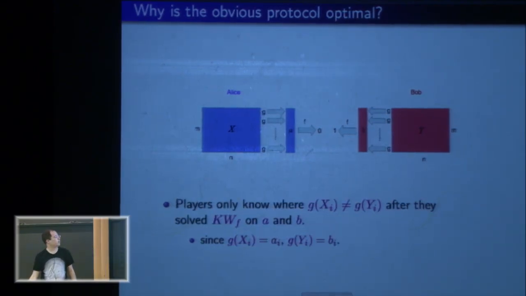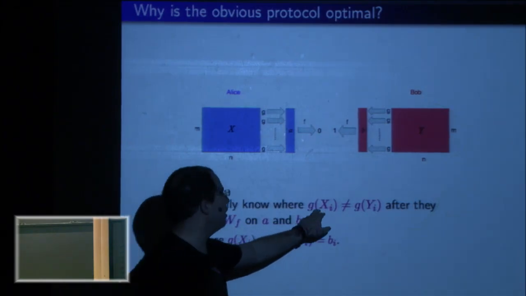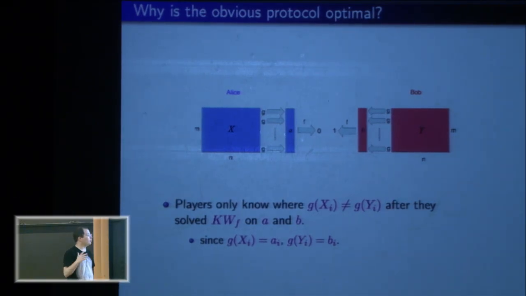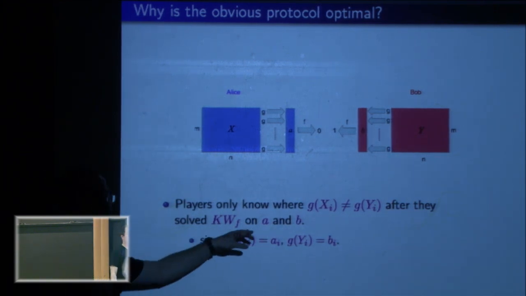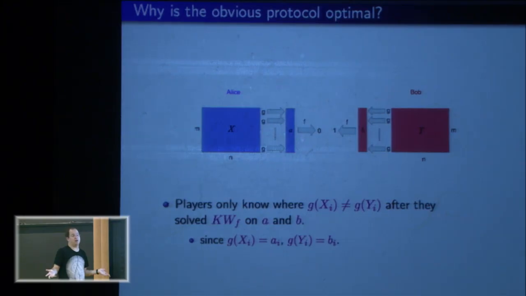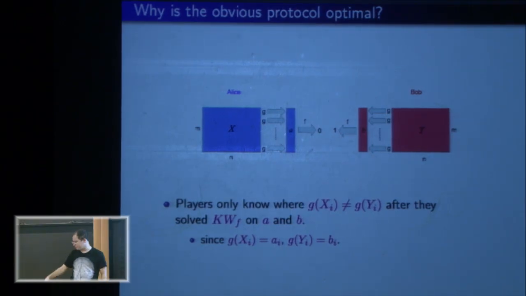However, the players can only tell on which row xi, yi the output of G is different after they solve the Karchmer-Wigderson relation f on A and B. This is just because the strings A and B are the outputs of G on every row. But they can send G of xi and G of yi.